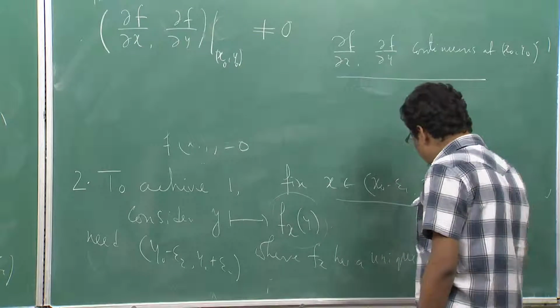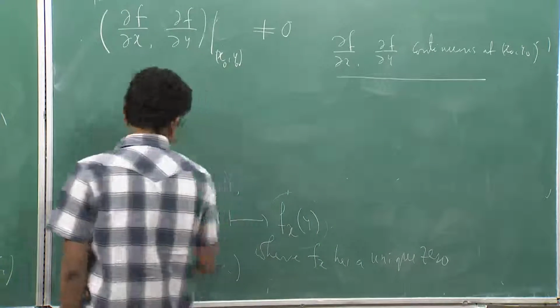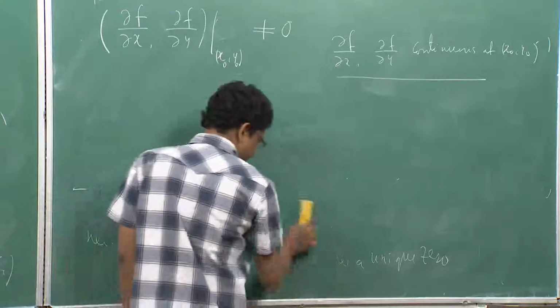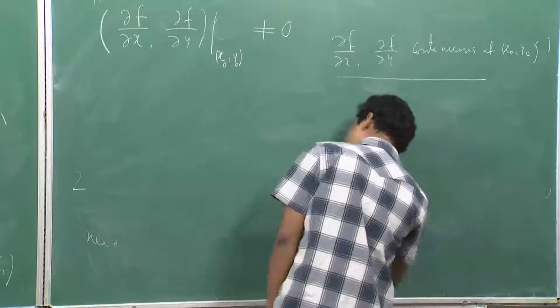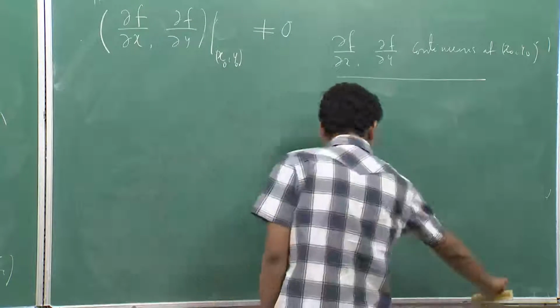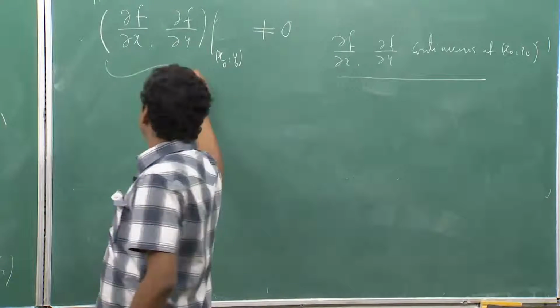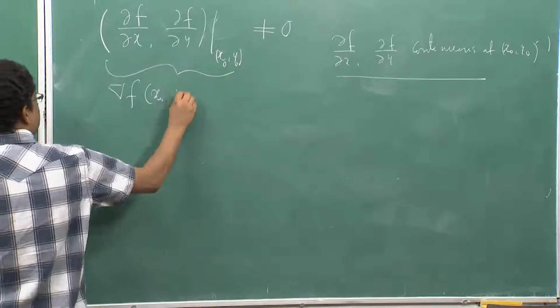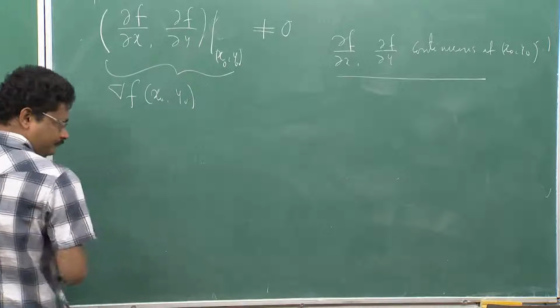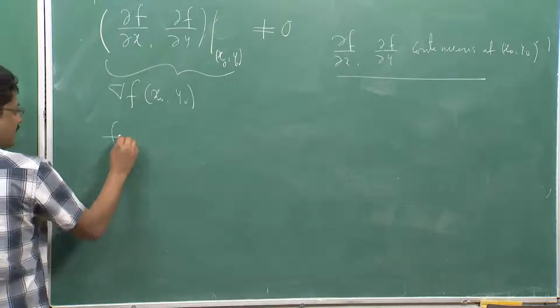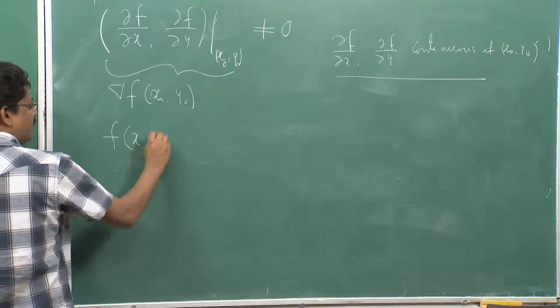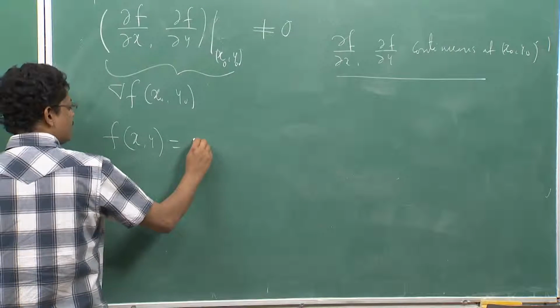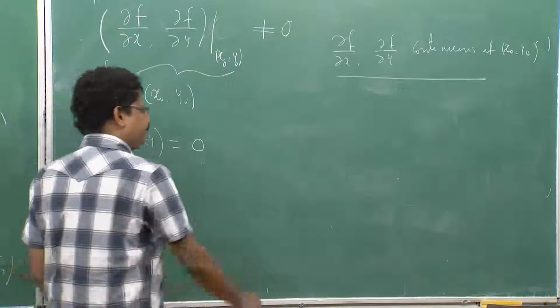Now, if you look at it geometrically, that is a very nice interpretation. This fellow, according to our notation, is grad f (x naught, y naught). Now, where does (x naught, y naught) belong? It belongs to this level curve f(x, y) equal to some constant, okay, f(x, y) equal to 0.